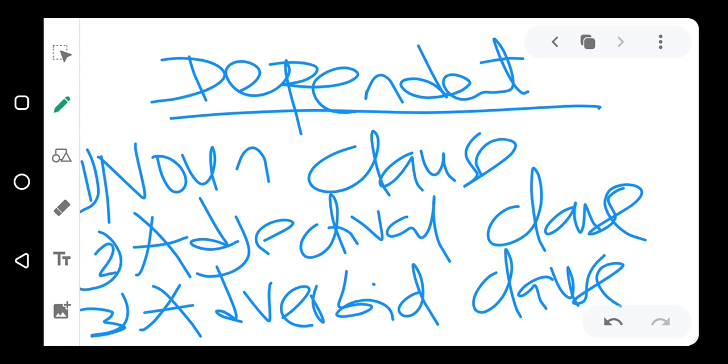And in the previous classes, we've talked about noun clause and adjectival clause. So today we are going to focus our attention on adverbial clause.